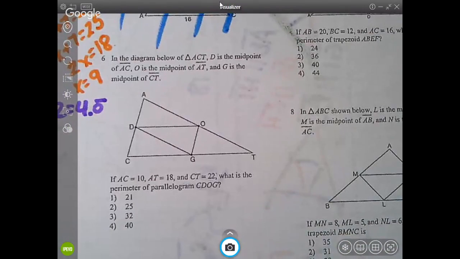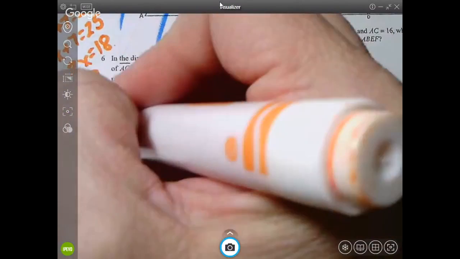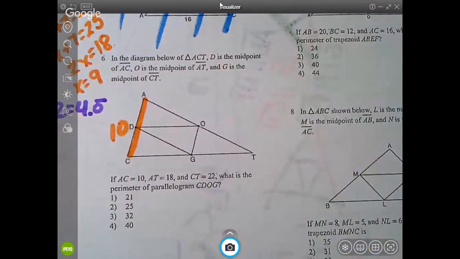In the diagram below, triangle ACT, D is the midpoint of AC, O is the midpoint of AT, G is the midpoint of CT. Okay, it tells us on the bottom, AC is 10. The reason they told you all the midpoints is to prove to you, Nayla, that they're mid-segments.